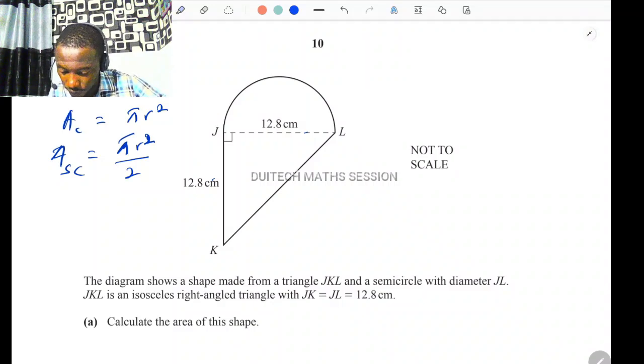That's the area of a semicircle. So in this case my diameter is equal to 2r, and that's 12.8.